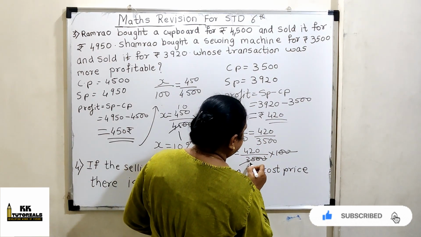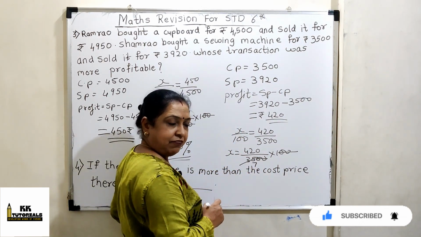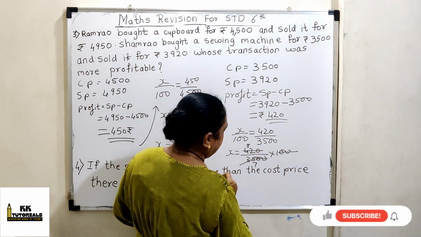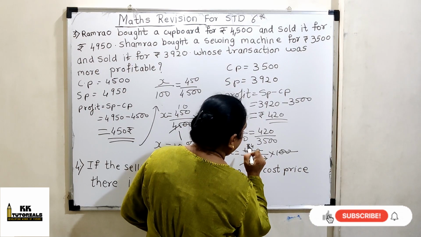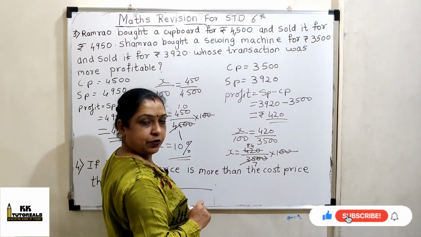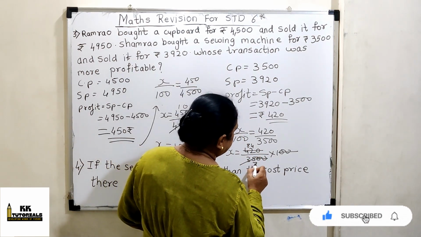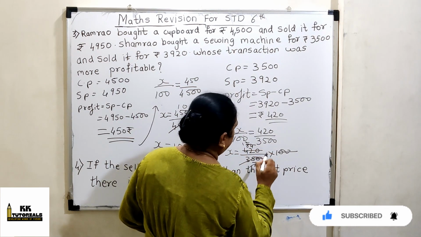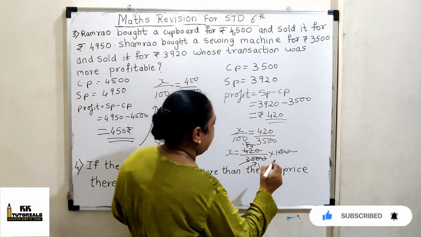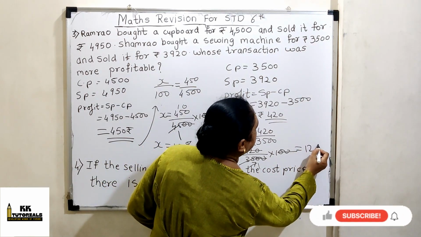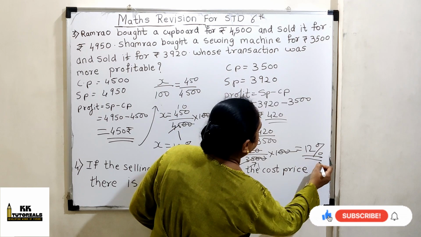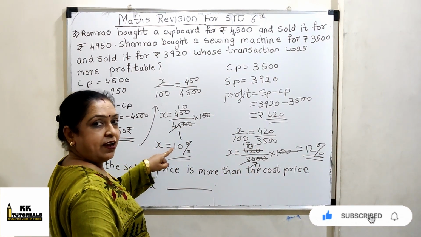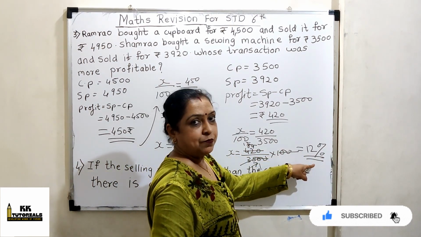So 5 7s are 35, 5 8s are 40, 5 4s are 20. Now 7 1s are 7, 7 2s are 14. 12. Now it's 12%. So he made 10% profit and he made 12% profit.